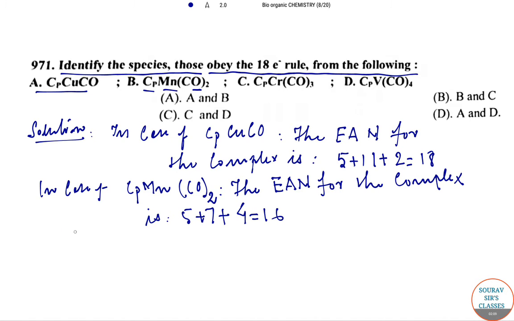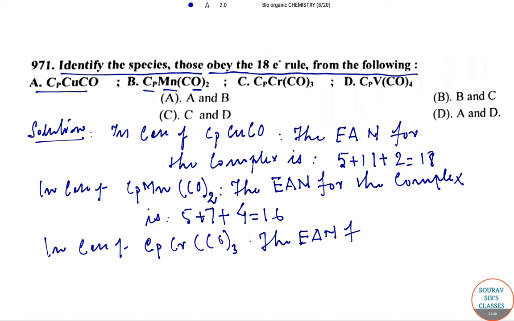In case of CpCrCO3, the EAN for the complex is 5 plus 6 is equal to 17.